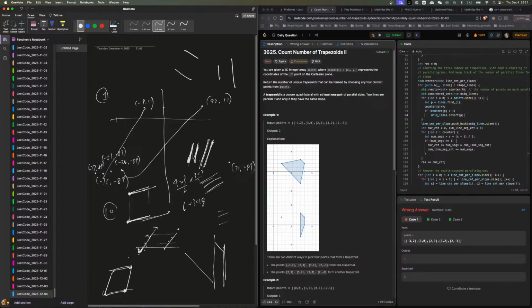It's because when we are handling this parallel line, we know what the points are on this parallel line, and we know the points on this parallel line. I have the points.